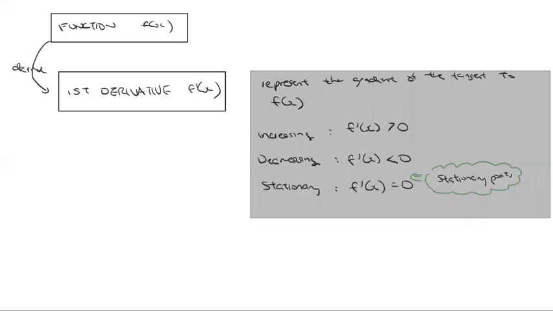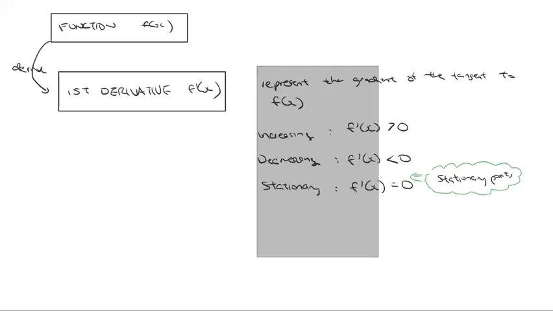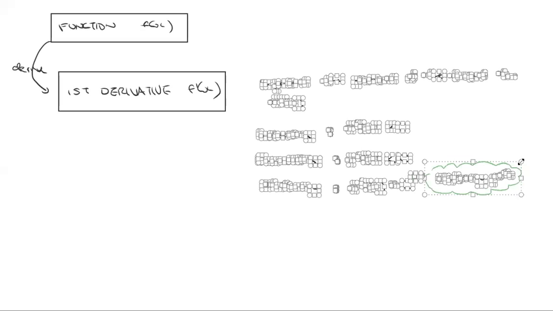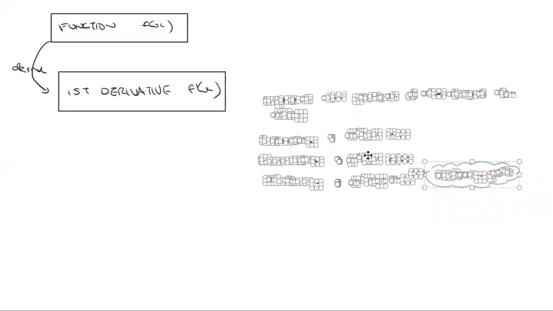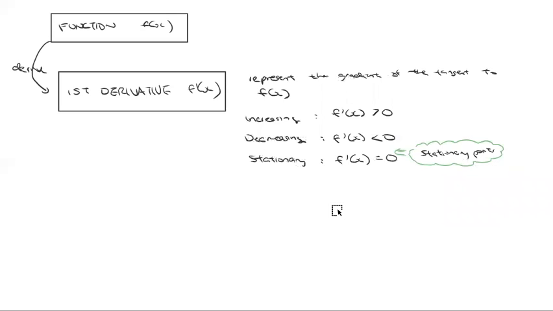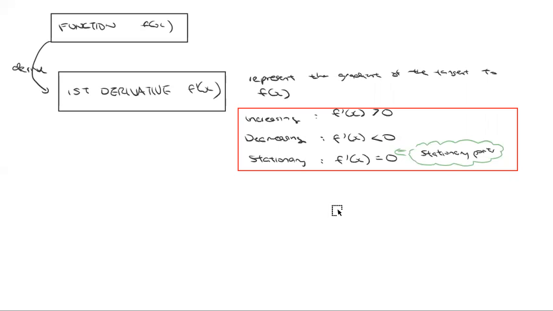Now we also have second derivatives that we'll need to talk about. So if we take your first derivative, which is a function, and derive it again, you will get another function called the second derivative, represented by f double dash x.